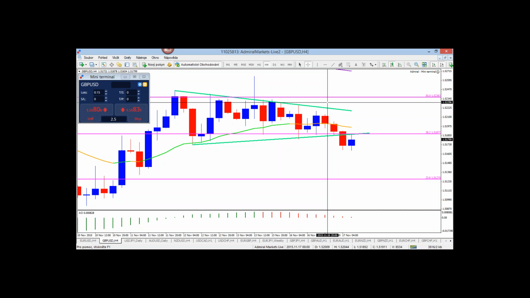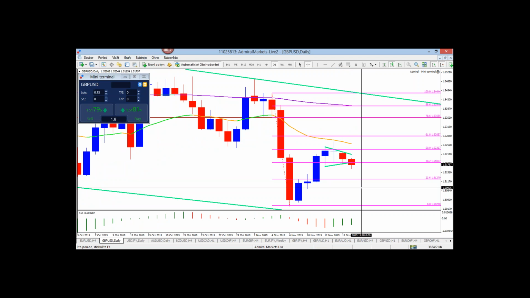Target 151.40. Yeah, that seems to be definitely a target that's achievable, and that should not be too difficult to reach. I think you do see a bit of a sideways zone here at around 151.25.